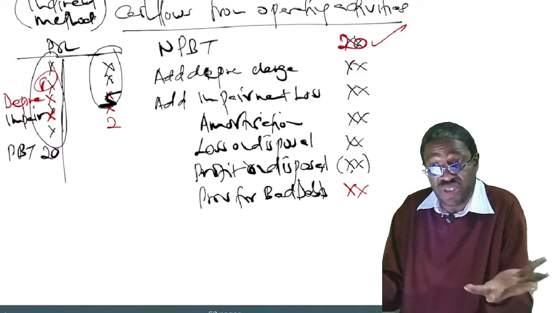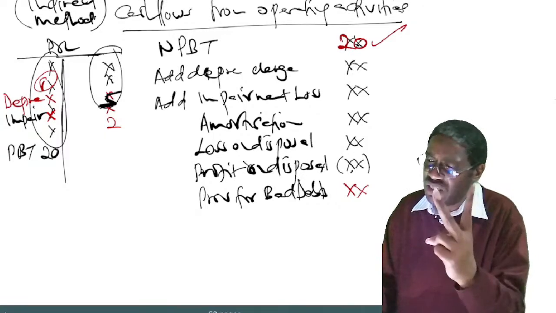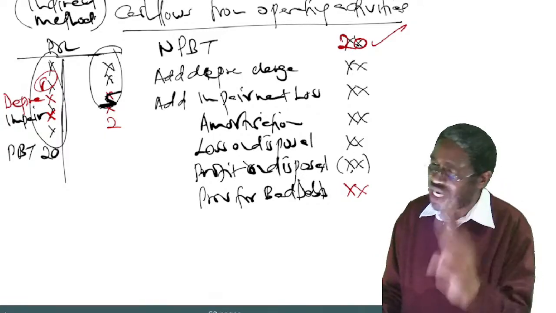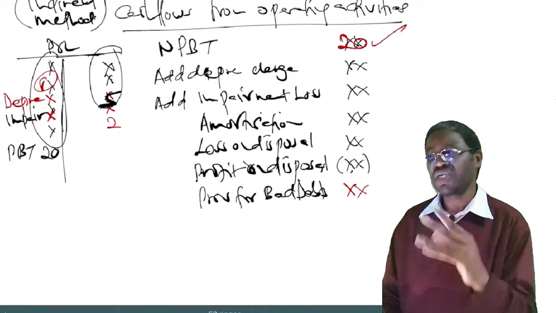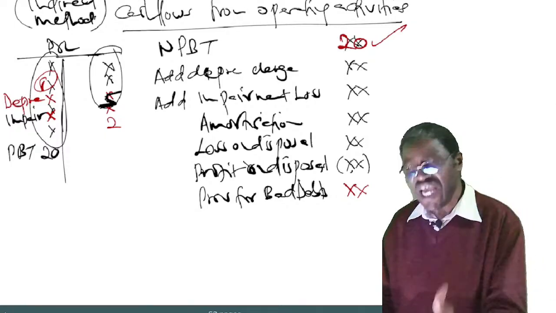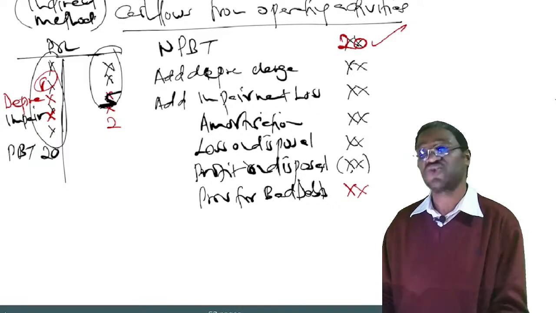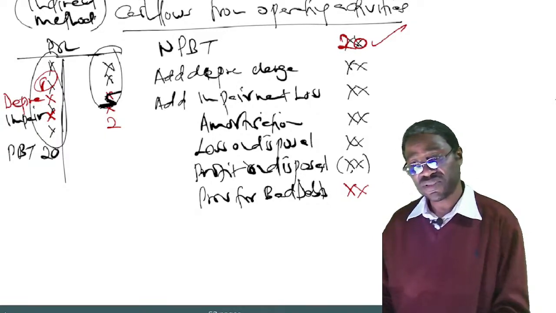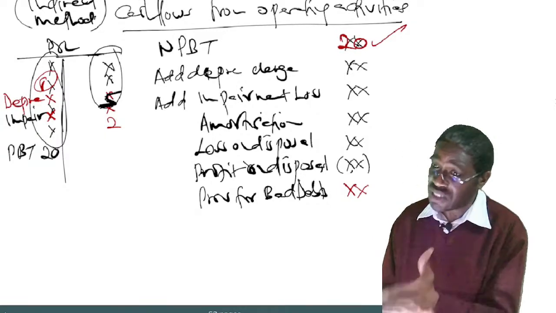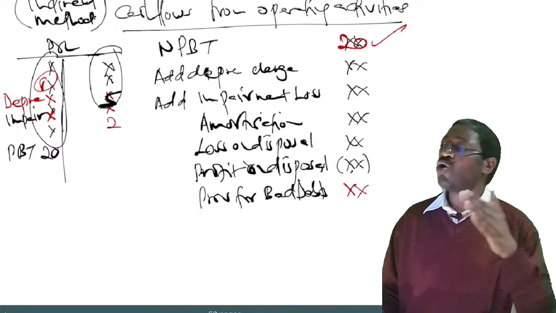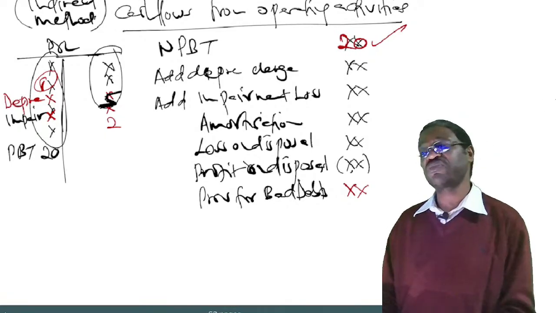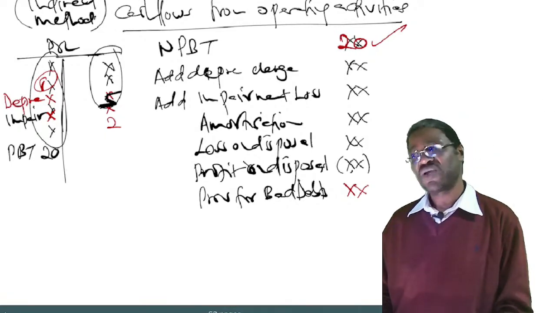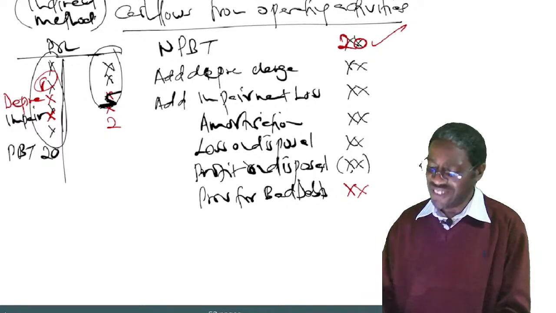Then I'm saying, among the non-cash items, there are two which will never miss in any question you have ever done, whether in this advanced level or at the previous levels. One of them is depreciation.